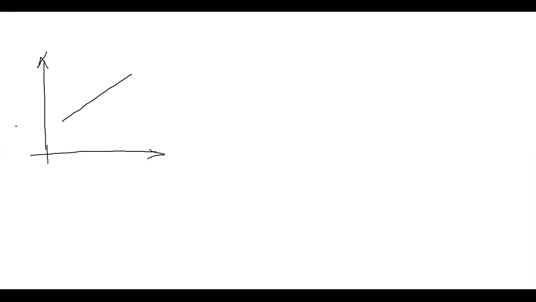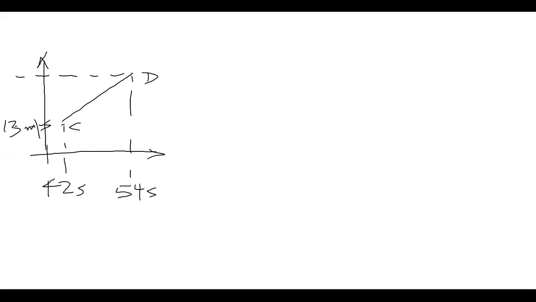So you have point C and point D. Here is 42 seconds. Here's 54 seconds. Here's 13 meters per second. And here's 31 meters per second. So speed against time.